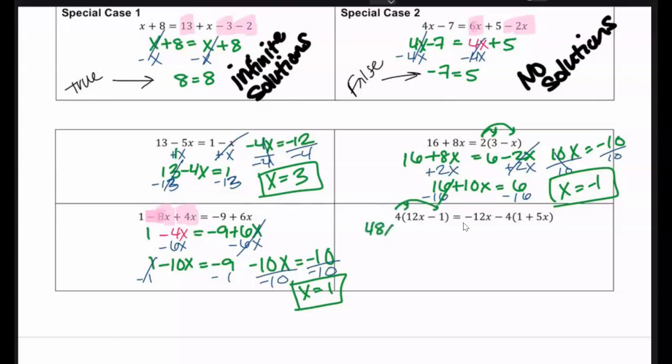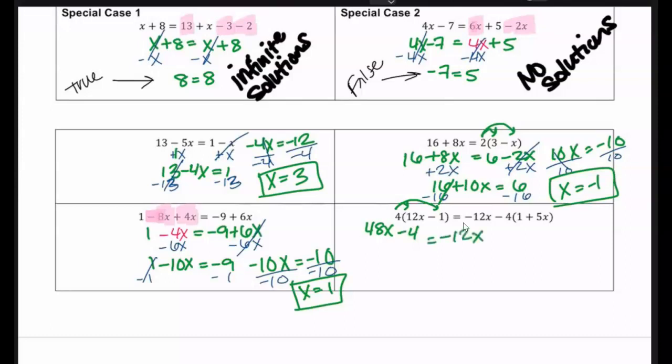If not, that's okay. You can work it out using 12 times 4 like this, or using other tricks you've learned in class. So 48, 4 times negative 1 is negative 4. Don't forget to distribute to both terms.